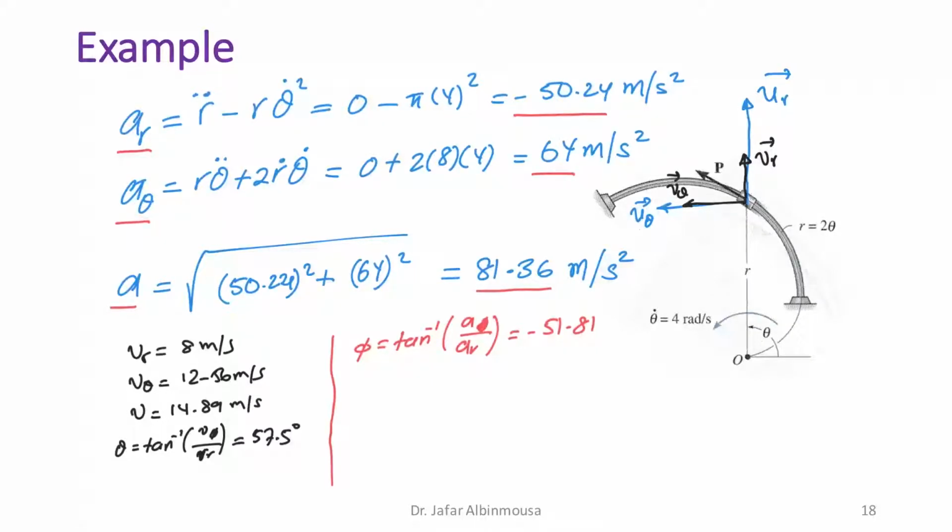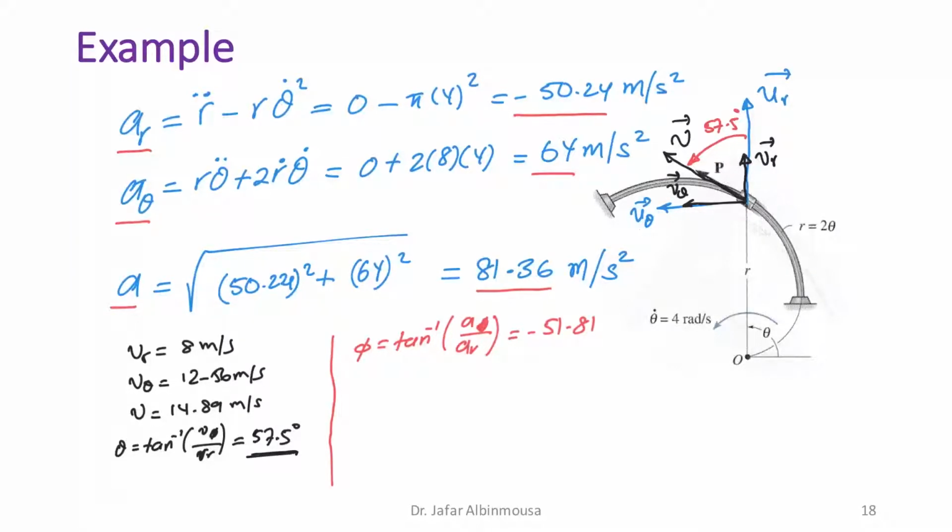Now the angle 57.5 over here is measured from the UR. So basically, tangent to this, we will have the total velocity vector, and the angle from here to there is 57.5 degrees. Now for the acceleration, it is different.